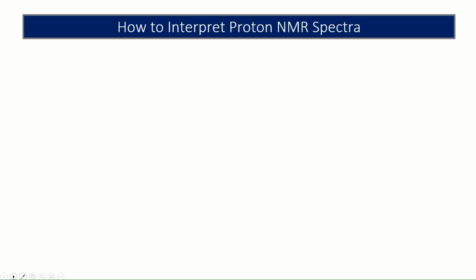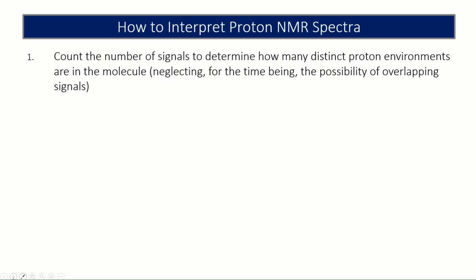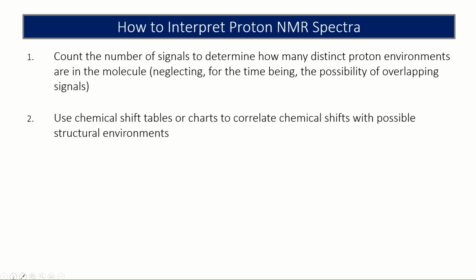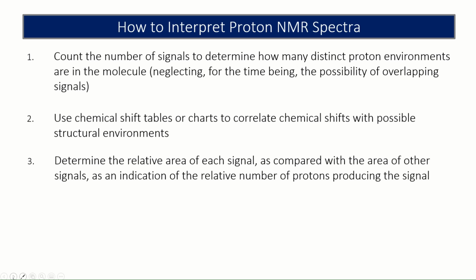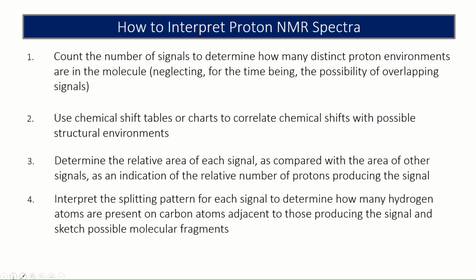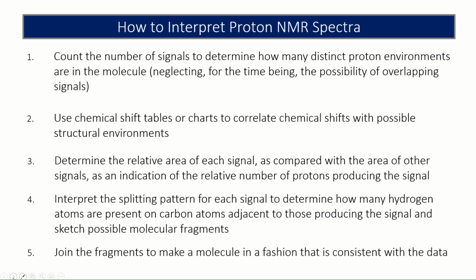Firstly, though, I want to say, how do we interpret these spectra? We have to count the number of signals. We use the chemical shift tables to correlate those shifts and determine the relative area, and so we can then interpret the splitting pattern to see exactly what species are present adjacent to other species, and then we join them together similar to a jigsaw puzzle.